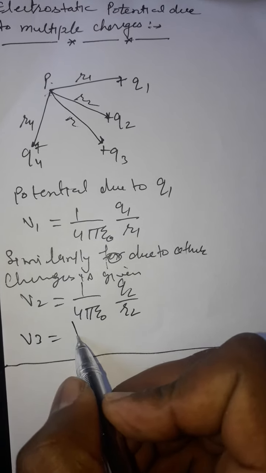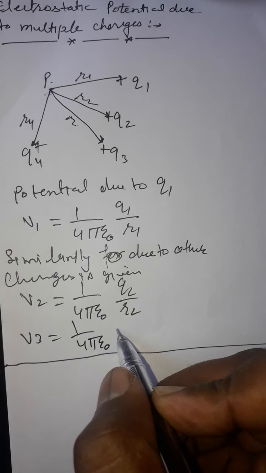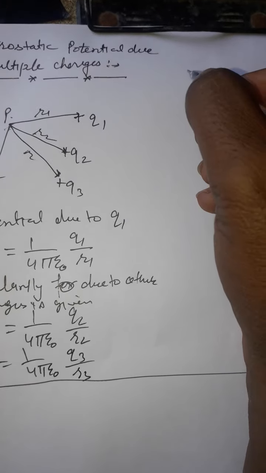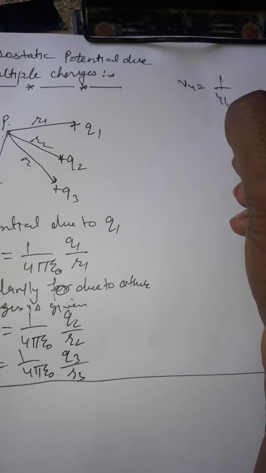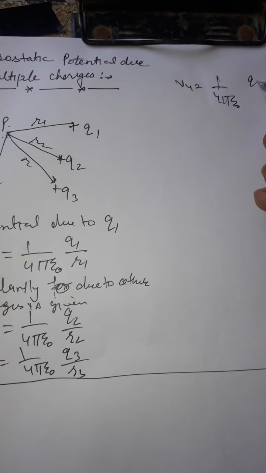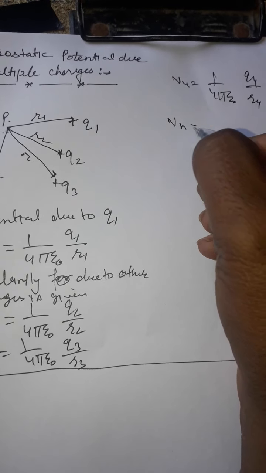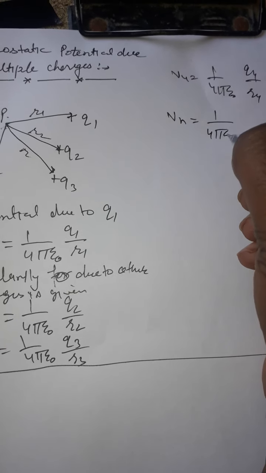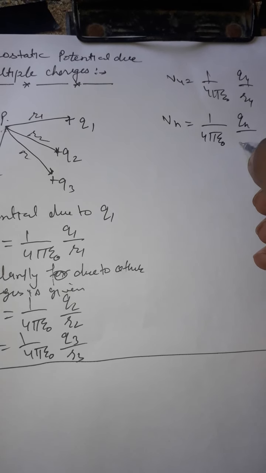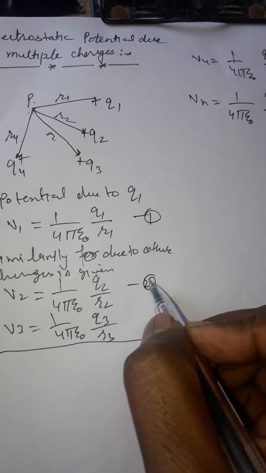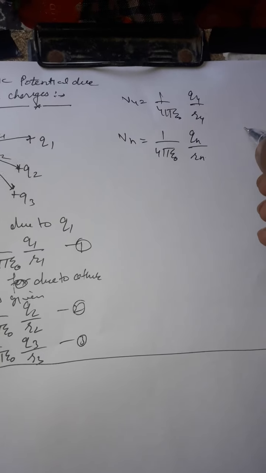V3 is equal to 1 upon 4 pi epsilon naught Q3 upon R3. V4 is equal to 1 by 4 pi epsilon naught Q4 upon R4. And similarly, Vn is equal to 1 by 4 pi epsilon naught Qn upon Rn. Say these are equations 1, 2, 3 and n.